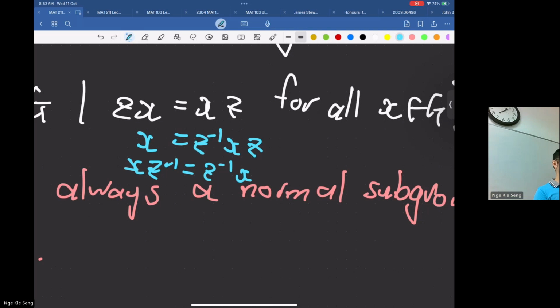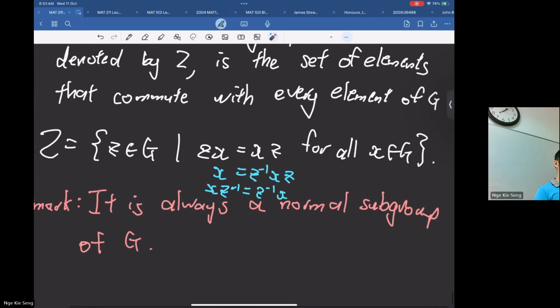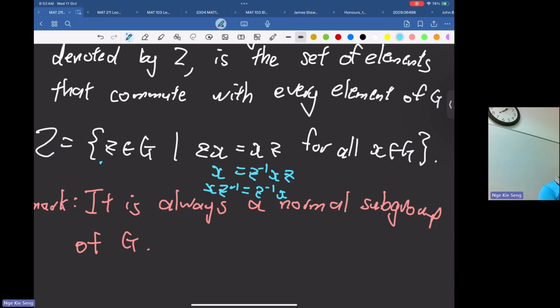In particular, this is an abelian subgroup. Why is it abelian? I just said the elements commute with G. Within themselves, can they commute or not? Let's say z and y satisfy zx equals xz.